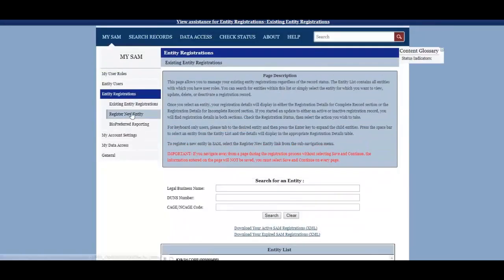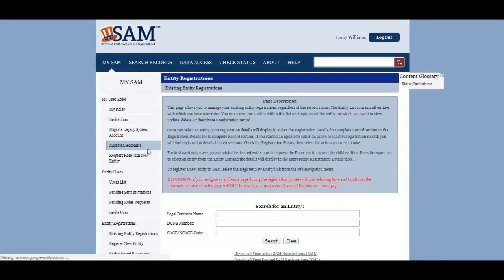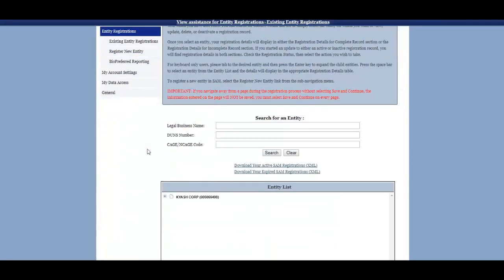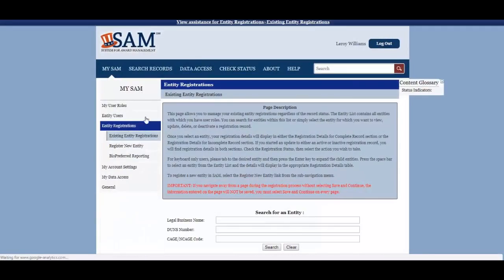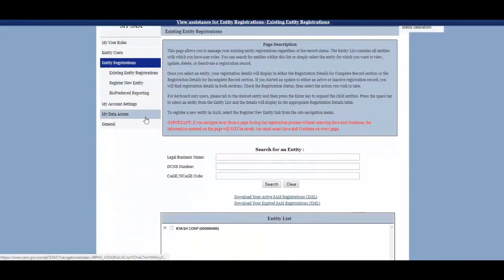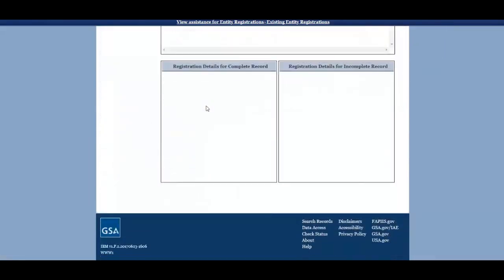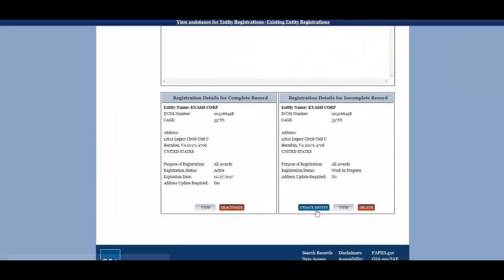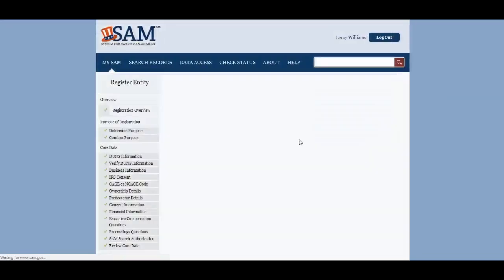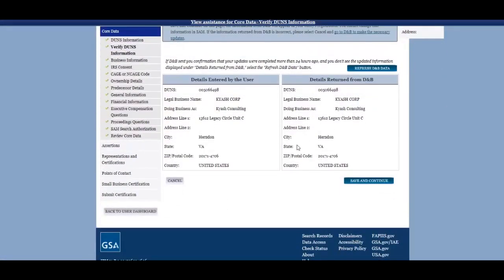For some strange reason, I don't know what happened here. Let's go through these again. I might have to edit this a little bit later on.